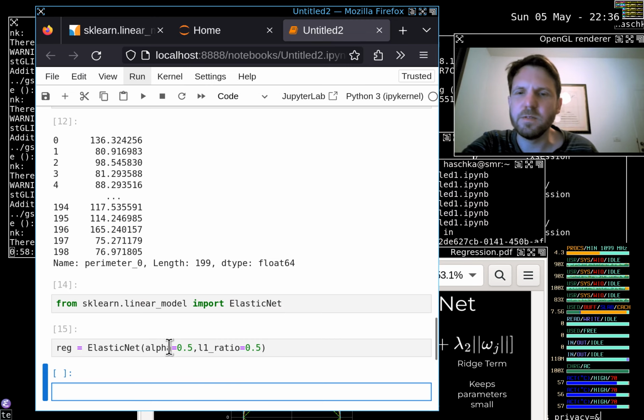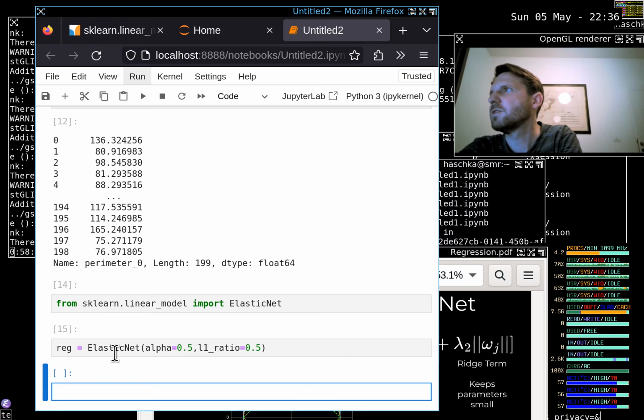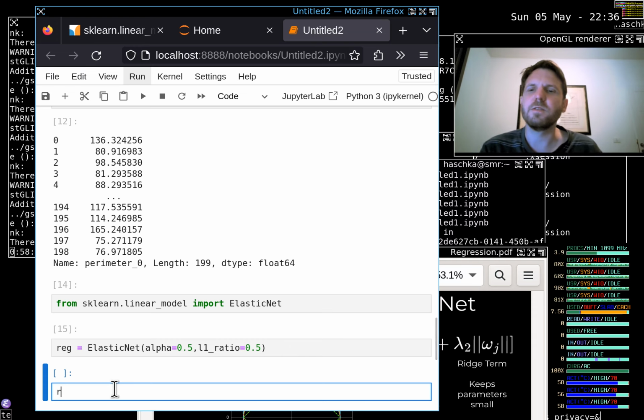So I put alpha to 0.5, the L1 ratio also to 0.5, and let's perform our elastic net regression. How does this work? We already know this from the classifier, so instead of clf for classifier, I just write reg, as I want to call this a regression, and this of course works with the fit functionality. And we use the x, as I said, to numpy.